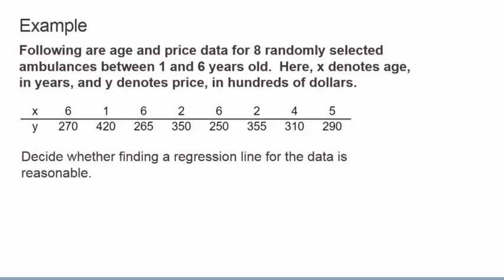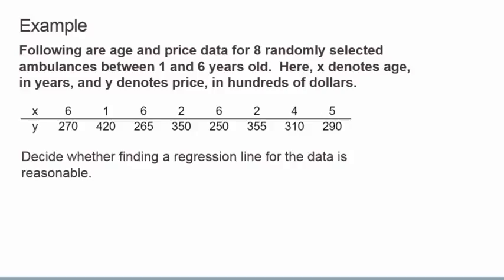When X is 2, Y is 350. When X is 6, Y is 250. When X is 2, Y is 355. When X is 4, Y is 310. When X is 5, Y is 290. Decide whether finding a regression line for the data is reasonable.